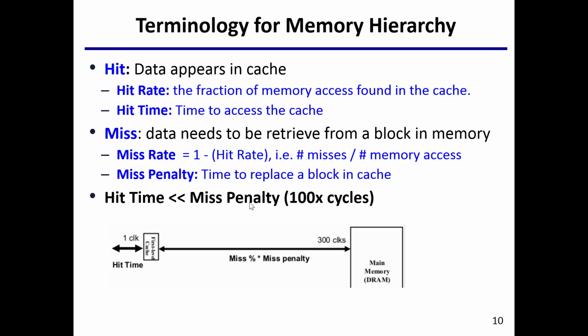You have to sacrifice something that was already in your cache, and that could be problematic, because sometime in the very near future the processor may want that thing that you sacrificed, which will generate another miss when it didn't need to, because you had that thing in the cache. Make sense? So anyway, that's what goes into the miss penalty.